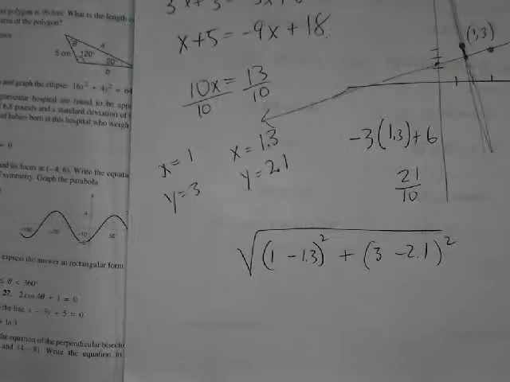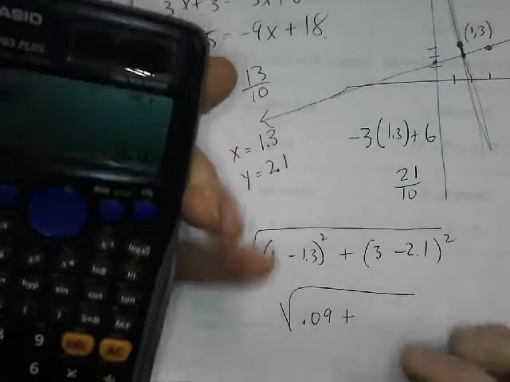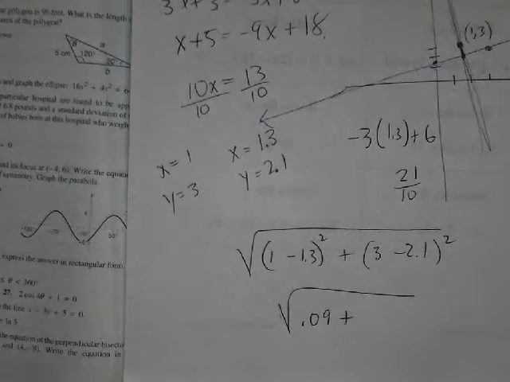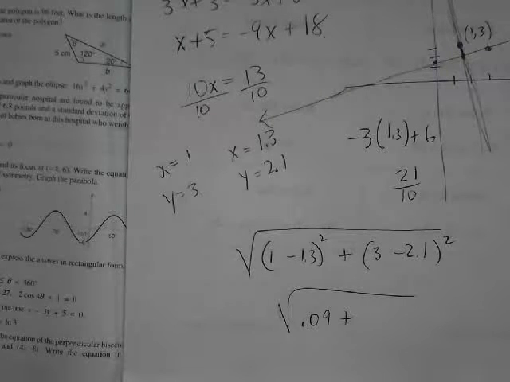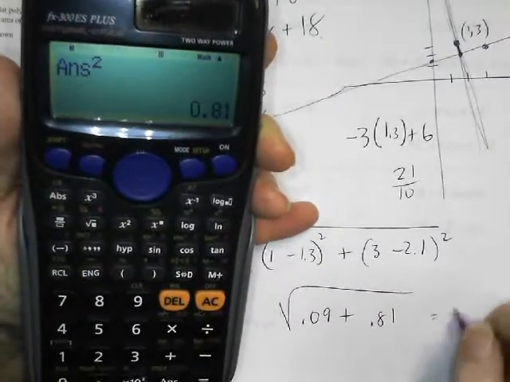I got 9, and so 3 root 2 over 3 root 2 over 5.